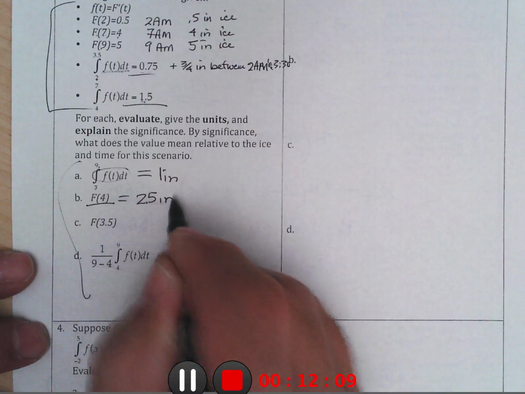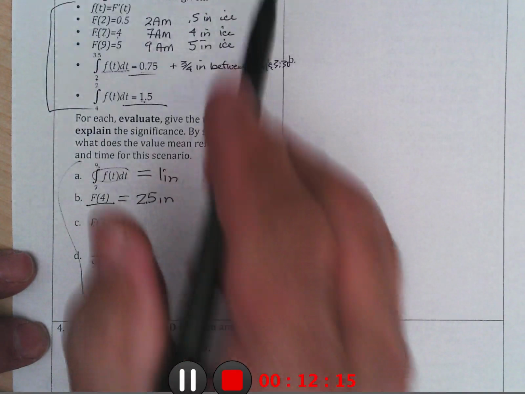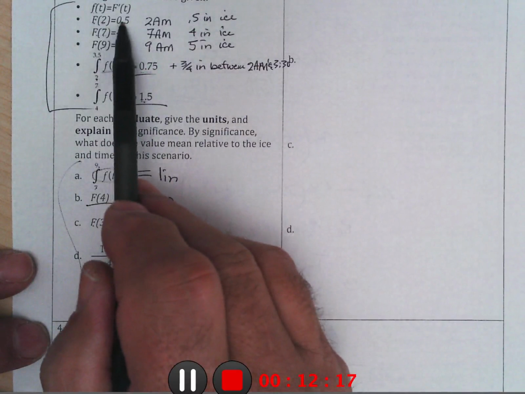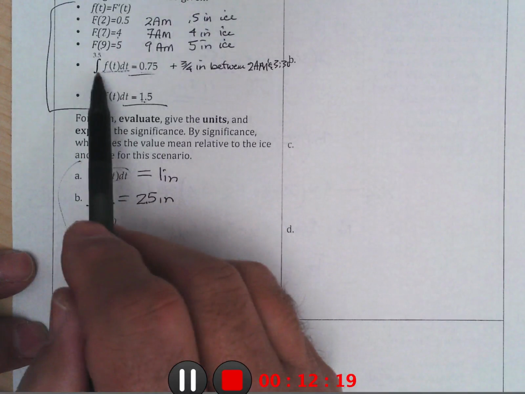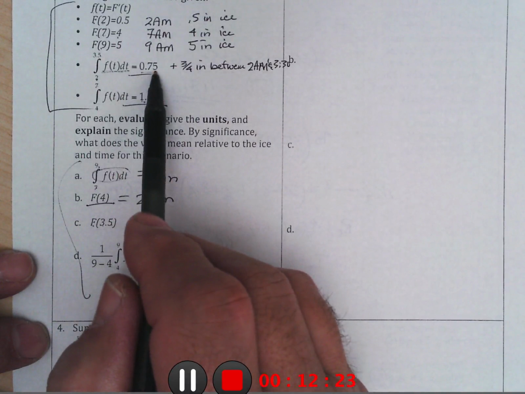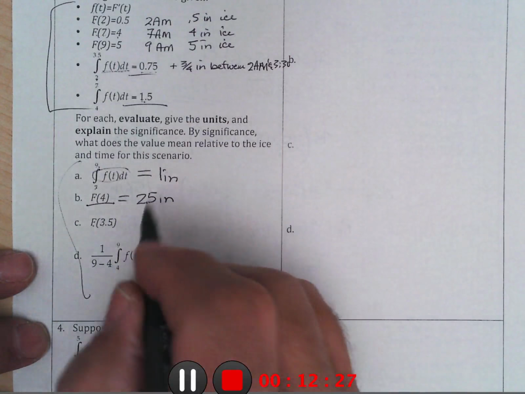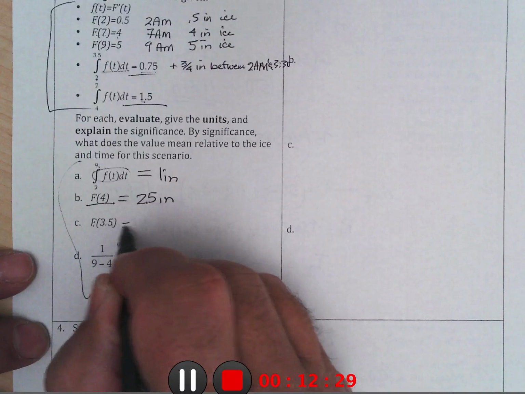And it says, how much ice was there at 3:30? Well, at 2 there was 1/2 inch, and between 2 and 3:30 it got 3/4 of an inch. So 1/2 inch plus 3/4 more makes 1.25 inches.